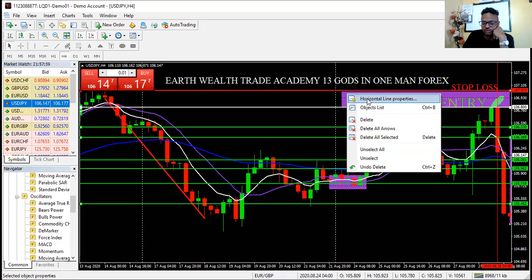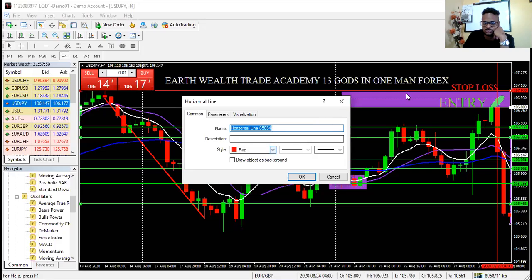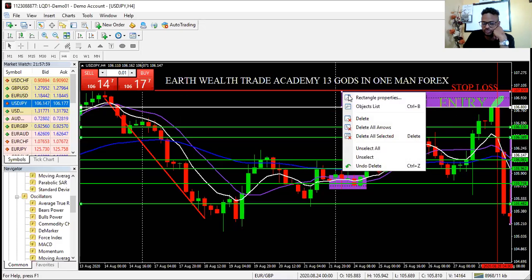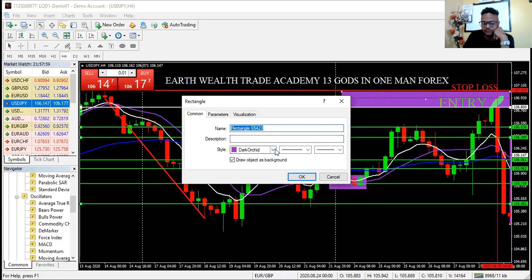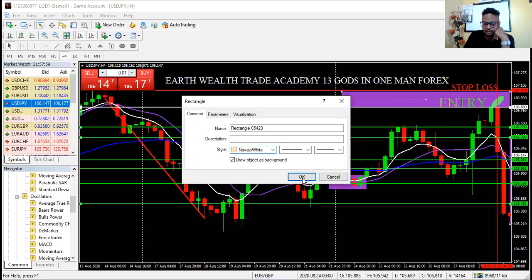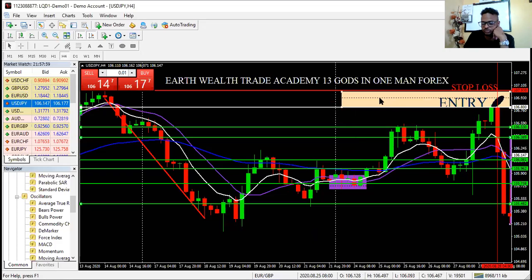So let me change this color. And if you play it like this, guys, I promise you, you will do a better trade every time. This aqua color here will be my risk area.